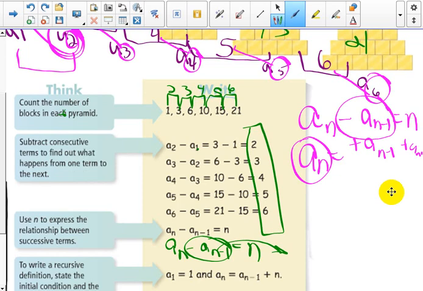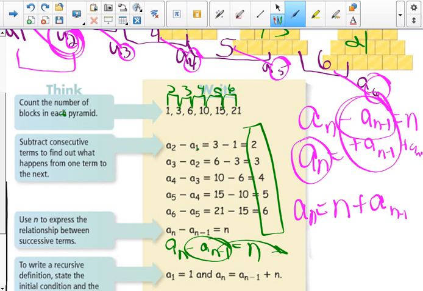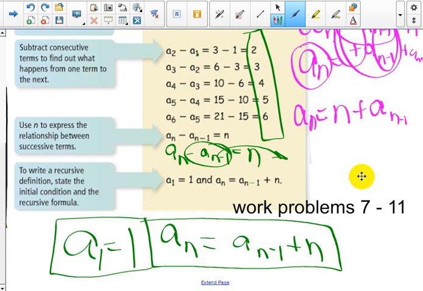When you do that, you get a sub n is equal to n plus a sub n minus 1. See, we added the opposite, so it doesn't change the fact that that's the previous element. So we added it to each side, and it's n plus a sub n minus 1.